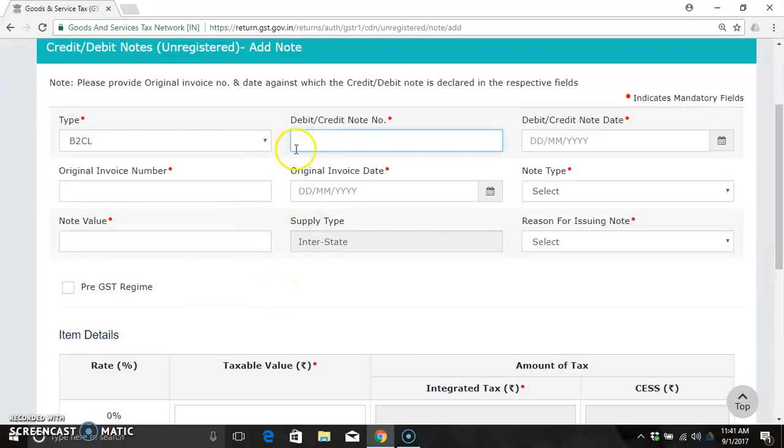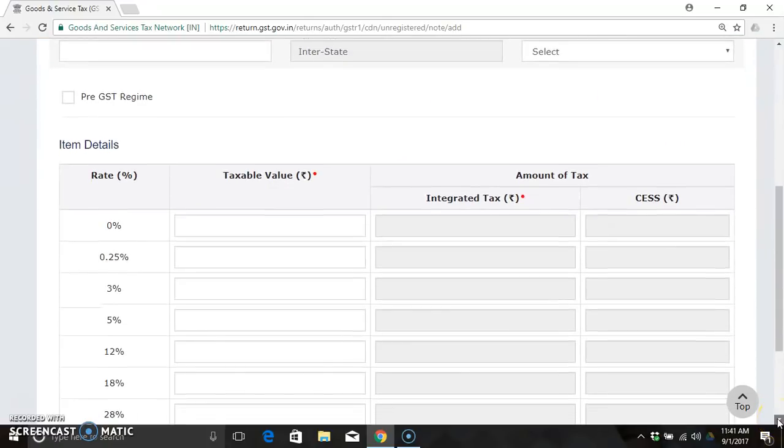If the credit or debit note is being raised in respect of invoices before 1st July, it means that invoices are being raised before 1st July, and therefore you have to click pre-GST regime whenever the invoices are before 1st July.